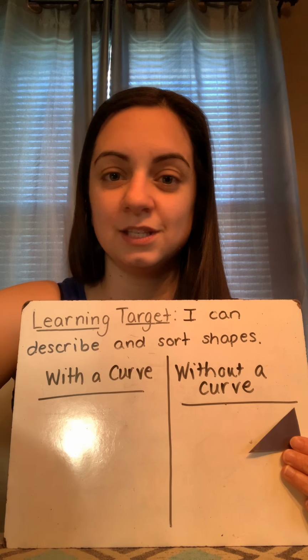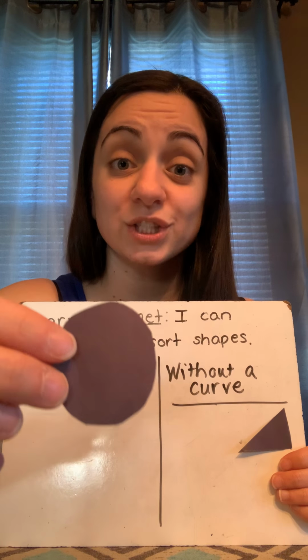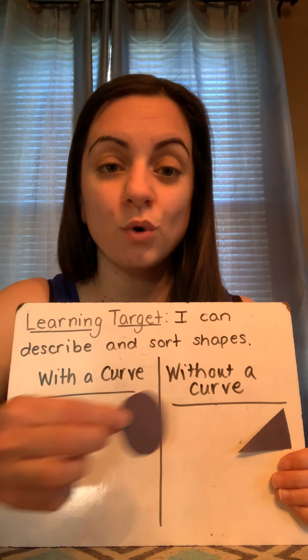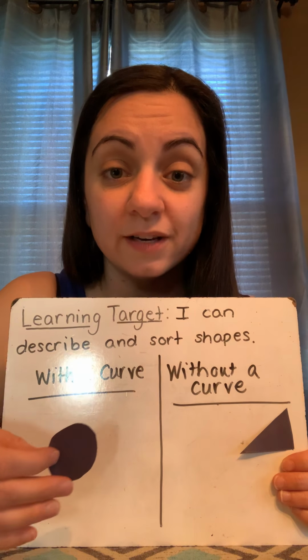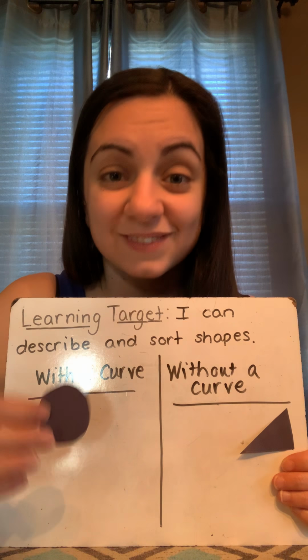All right, let's look at this one now. What shape is this? A circle. Should we put this on the side with a curve or on the side without a curve? What do you think? Tell me so I could put it on. Yes, you're right. With a curve.